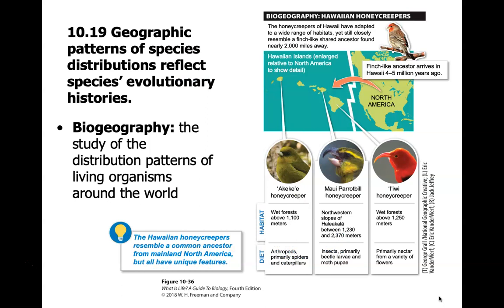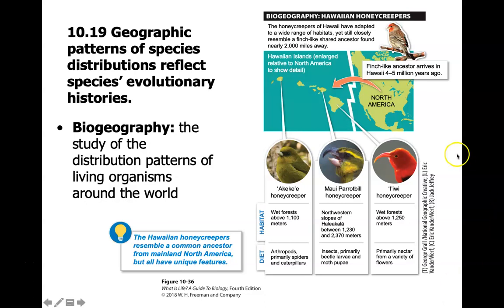All right, so we can also use evidence of biogeography. Biogeography is the study of how organisms are distributed around the world. So you can trace the origin of an organism by following the patterns of where similar individuals are found.